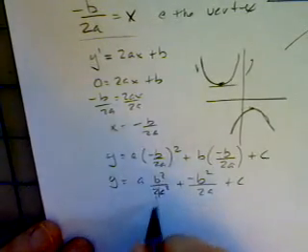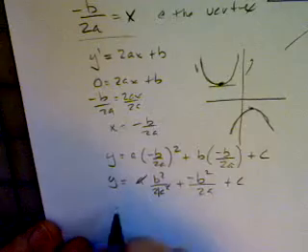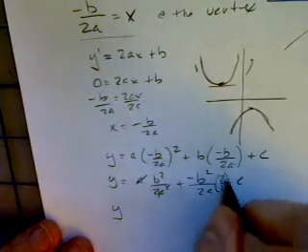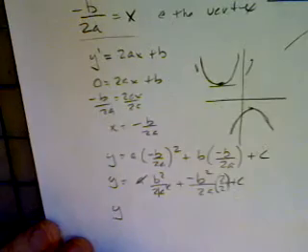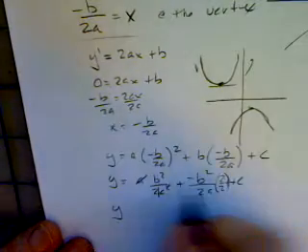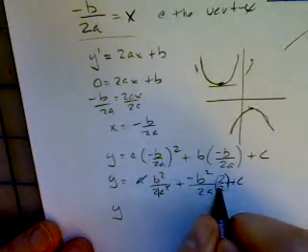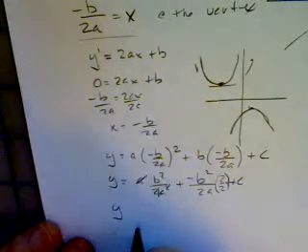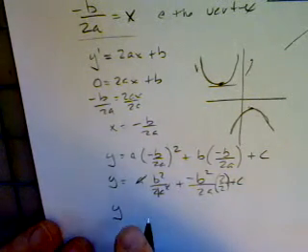This is ab squared over 4a squared. A's cancel. I want to find the common denominator. I'm going to multiply this by 2 over 2.